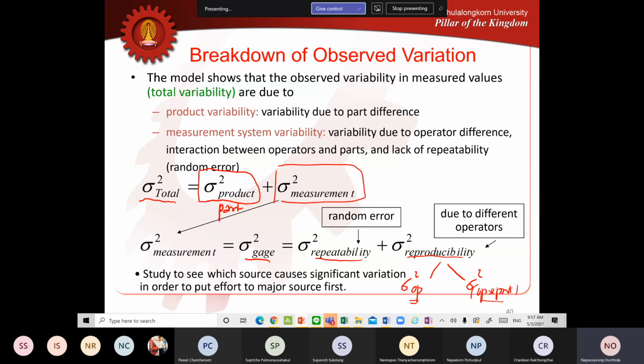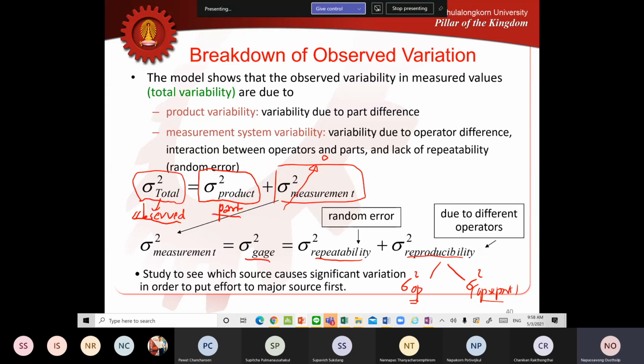So that means the variation that we really observed in total, or the numbers that we get, also includes the variation of the measurement. And if the variation of the measurement is 0, if I assume that this is 0, then the variation that we observed is exactly equal to the variation of the real parts.